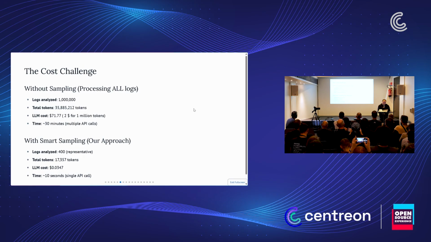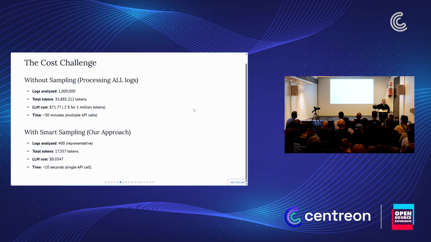And the processing time would be around 30 minutes, with multiple AI calls and so on. But with smart sampling, with our approach, you build a sample of only 400 logs, a total of 7,000 tokens, and the cost is 3 cents. A single API call could take you just 10 seconds. So you decrease your cost by roughly 90%.